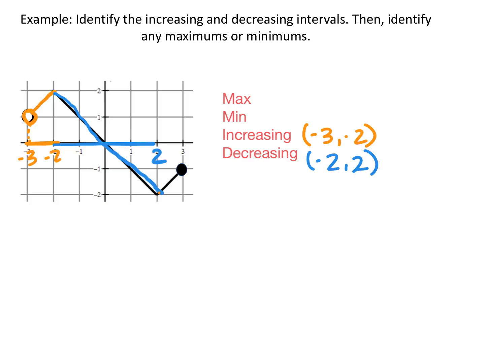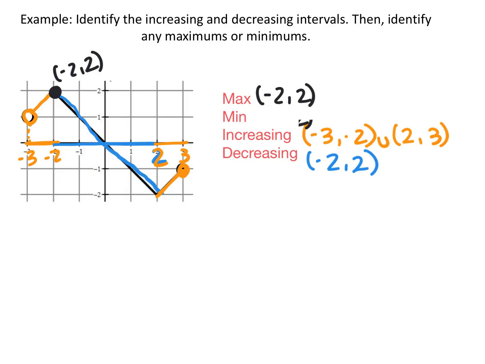And then I start going uphill again. So from 2 to 3, I'm increasing. And I put the U in the middle for the union. And then my maximum is at -2, 2. And my minimum is at 2, -2.